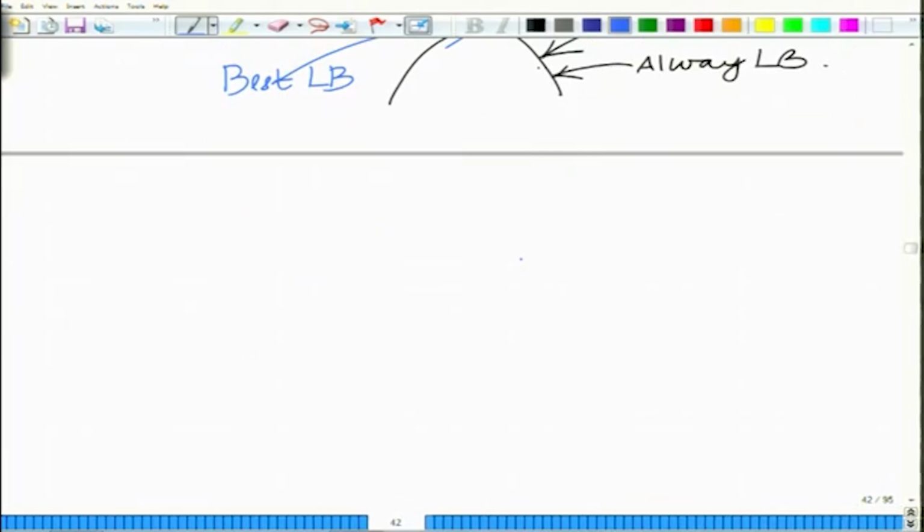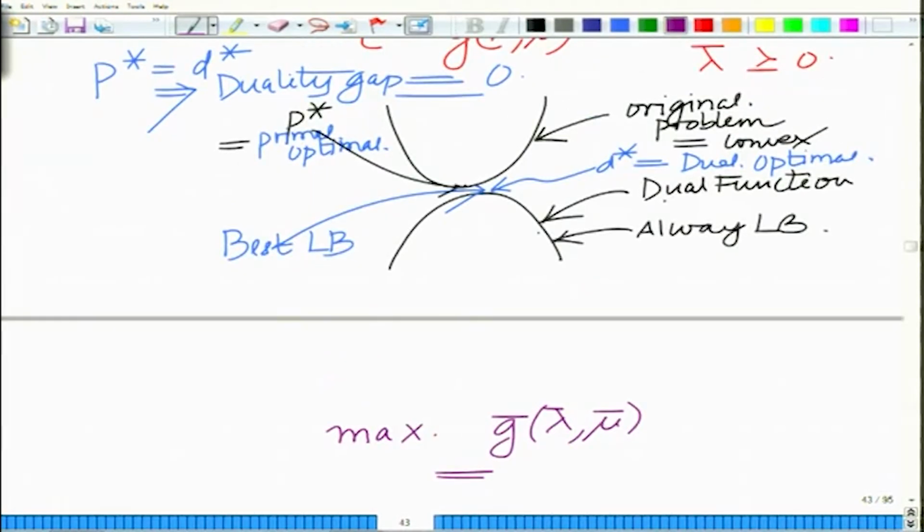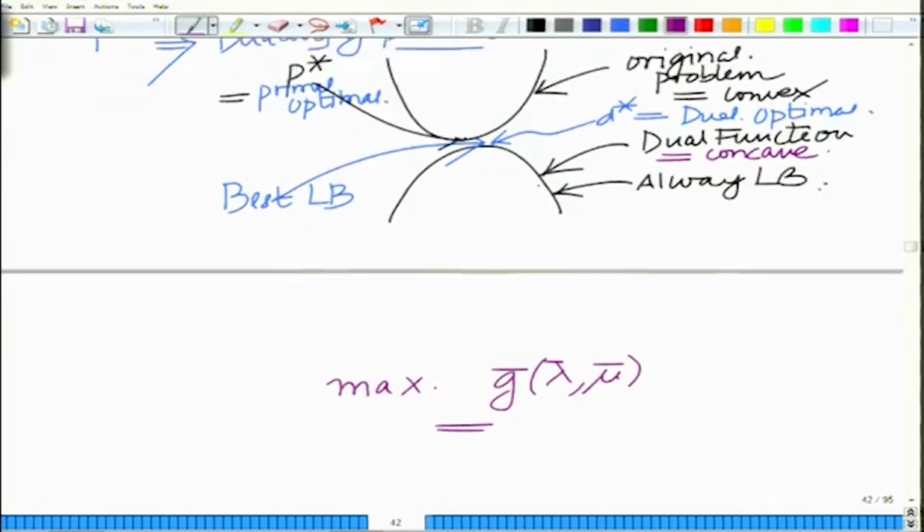And therefore, the dual problem is basically the best lower bound, which is maximizing G of lambda bar, nu bar, which in this case is, and observe that the dual function is concave, okay.